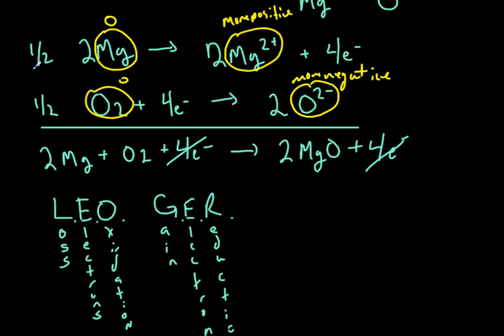Okay? Now, in order to work through this, we're going to learn to assign what are called oxidation numbers. In a case like this, assigning oxidation numbers is pretty straightforward, right? You just see, okay, this became more positive, this became more negative. That's easy. I get that. No problem.